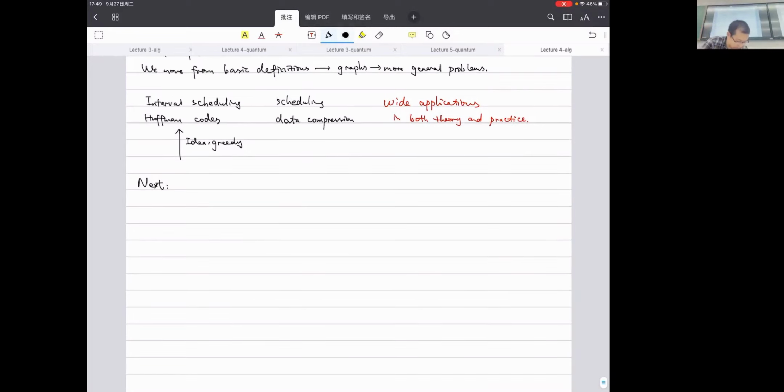So next we will talk about more ideas of designing algorithms. In particular, in the next class, we will talk about an idea called divide and conquer, which is going to give you another main idea of designing algorithms and also fast algorithms for a lot of problems.